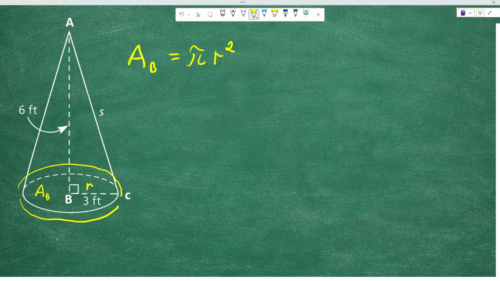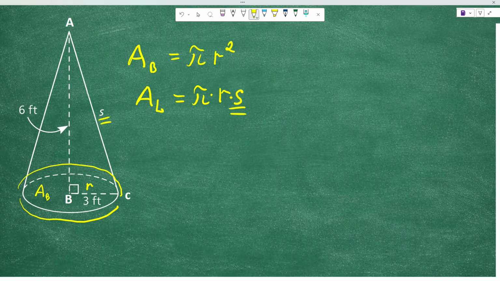Easy, right? The second piece is the curved party hat part that goes all the way to the top. That's called the lateral area. The formula for measuring its area is pi r s. Now, look very closely at that s. That s stands for slant height.